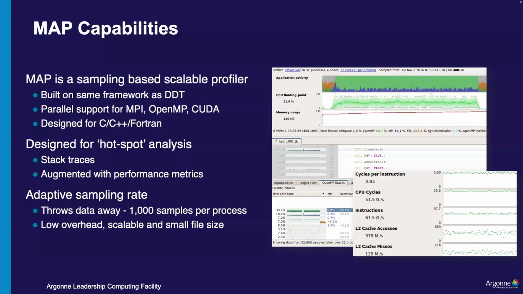So we can find a range of metric values that's coming from the CPU, and some of the proc tables as well. And we can put that underneath on a time base to relate it to your application activity. So you can see as soon as your OpenMP and your MPI starts kicking in, we can see the CPU floating point operations kicking in as well. And because we can collect some hardware counters as well, we can look at what the caches are busy doing.